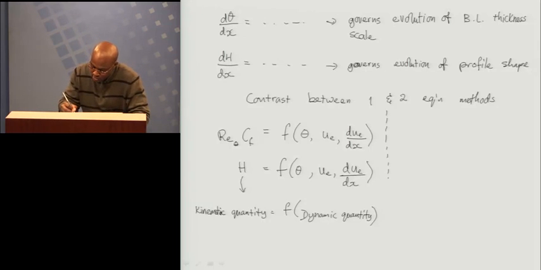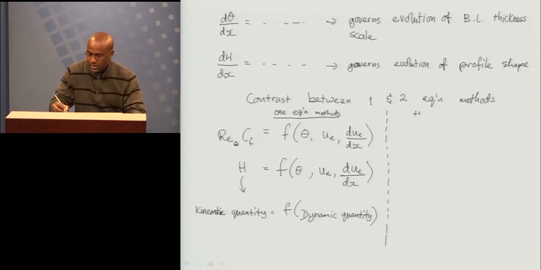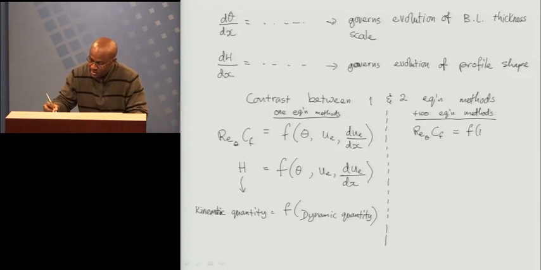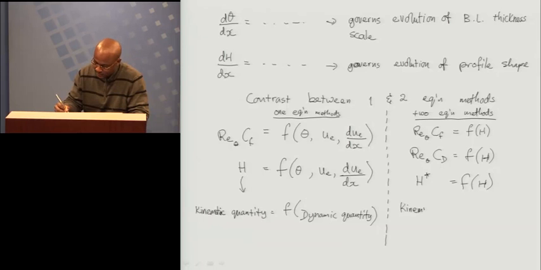Whereas with two equation methods, we have Reynolds number based on theta for the friction, which was a function of H. Re theta, the dissipation coefficient, is also a function of H. And then we have H star, also a function of H. So here we're relating our kinematic quantities as functions of kinematic quantities.